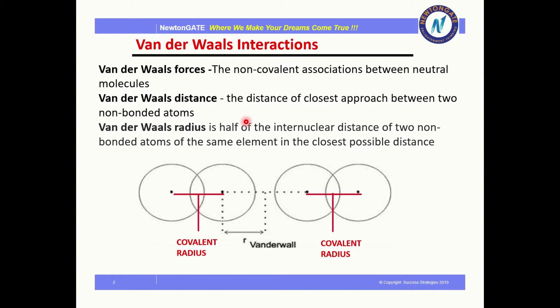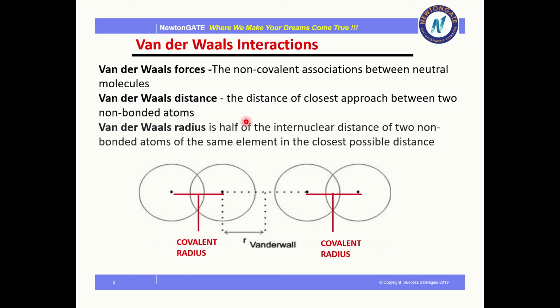Now students, imagine that you have two non-bonding particles which are at infinite distance apart. What would be the possibility of them coming together and interacting? It would be minimal, right?